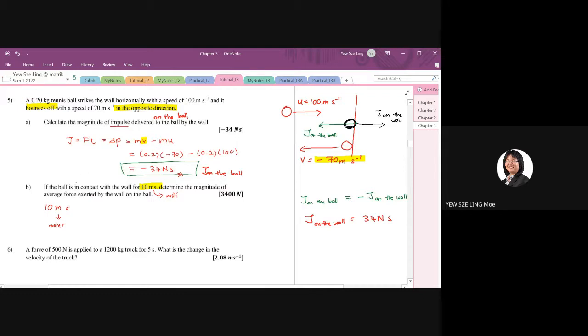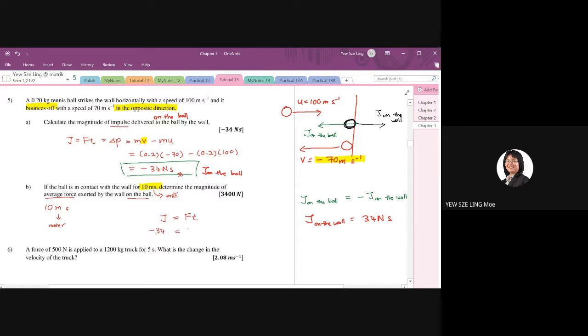So if the ball is in contact with the wall for 10 milliseconds, determine the magnitude of the force exerted by the wall on the ball. Again, you want to calculate on the ball. So J on the ball equals F t. Now you have a J which is equal to negative 34. You need to include the negative sign.